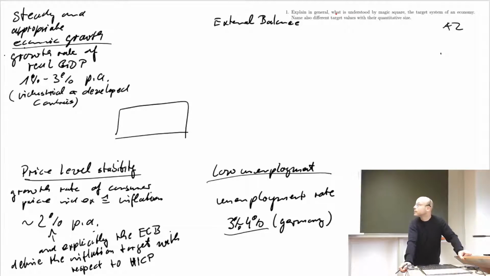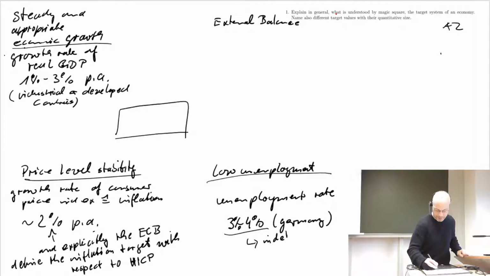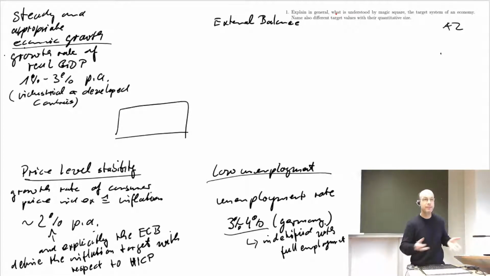Why do we talk for Germany about full employment? Because this would still mean that 1 million or more people are out of work.